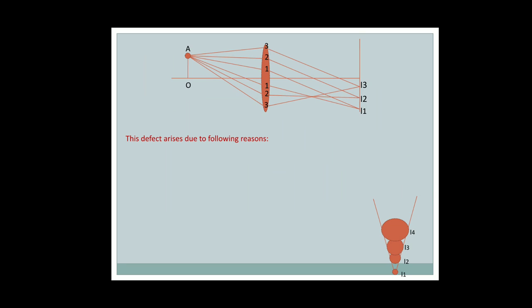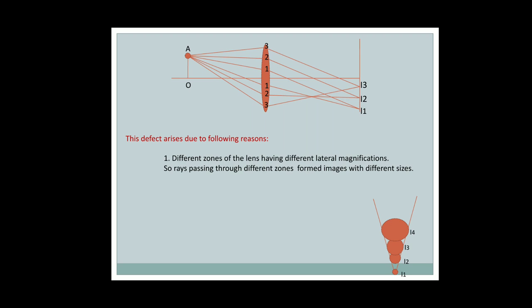Now, why does this coma exist in a convex lens, or whatever lens? The defect arises due to the following reasons. Different zones of the convex lens have different lateral magnification. Different lateral magnification is nothing but different zones forming different sizes of images.